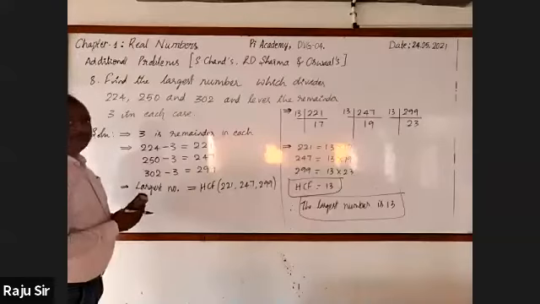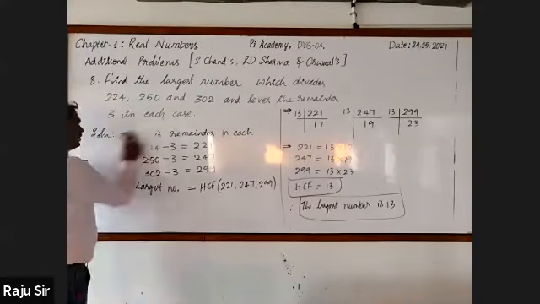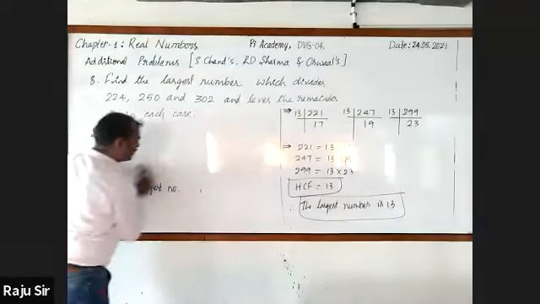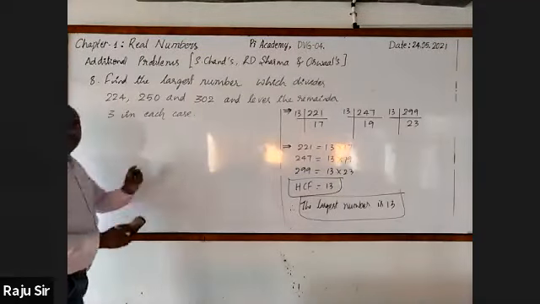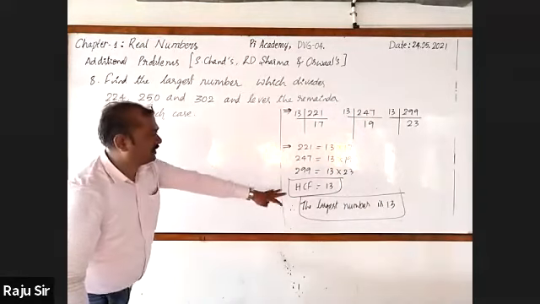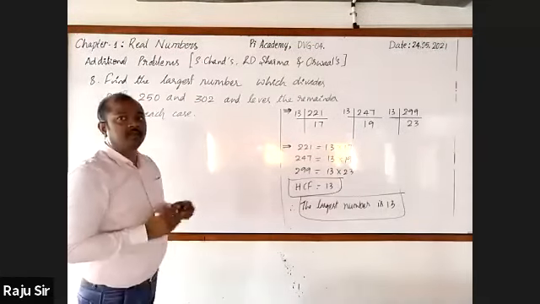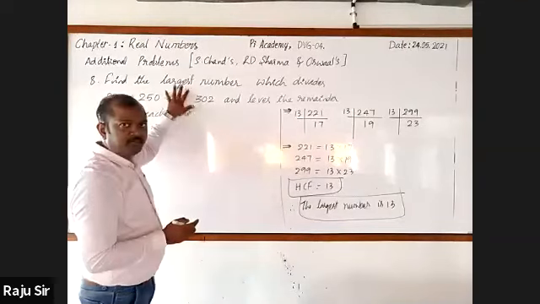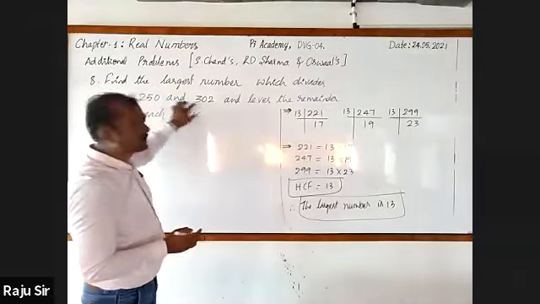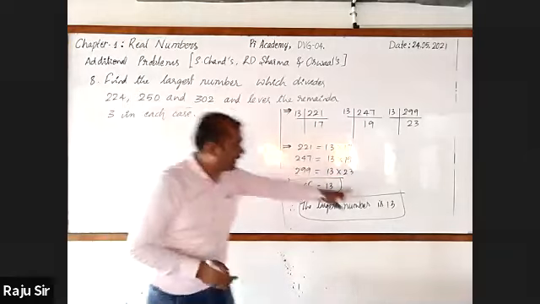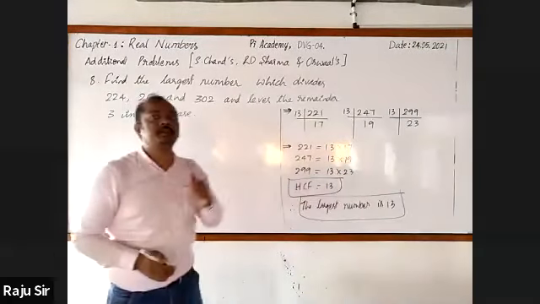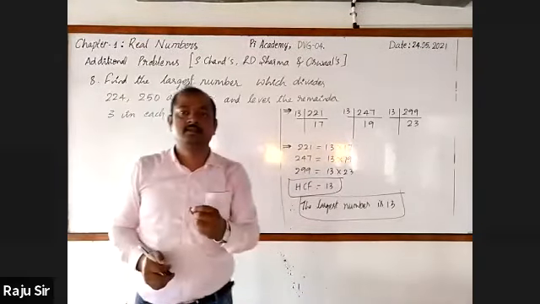So now I'll rub that, and before that, once we shall cross check it. Look here, you don't go for writing anything. Here we have got the largest number as 13. According to the given statement, if we divide each of these three numbers by 13, what should be the remainder? 3.